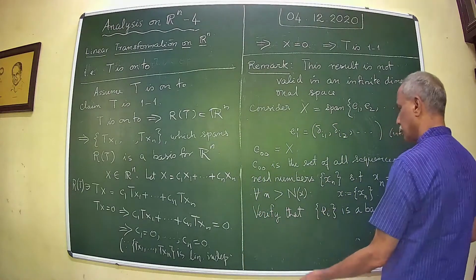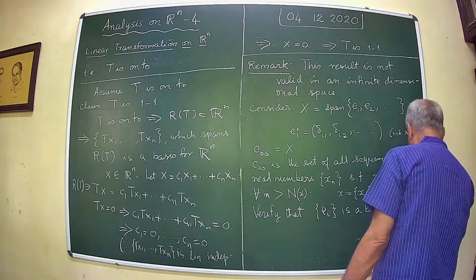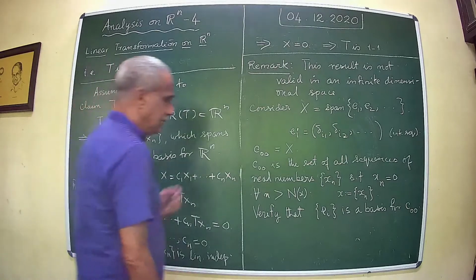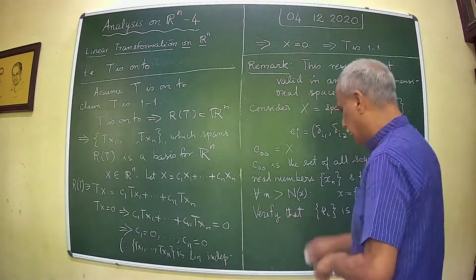Basis for C naught naught. Okay, that's fine. Now on C naught naught, let us define an operator.